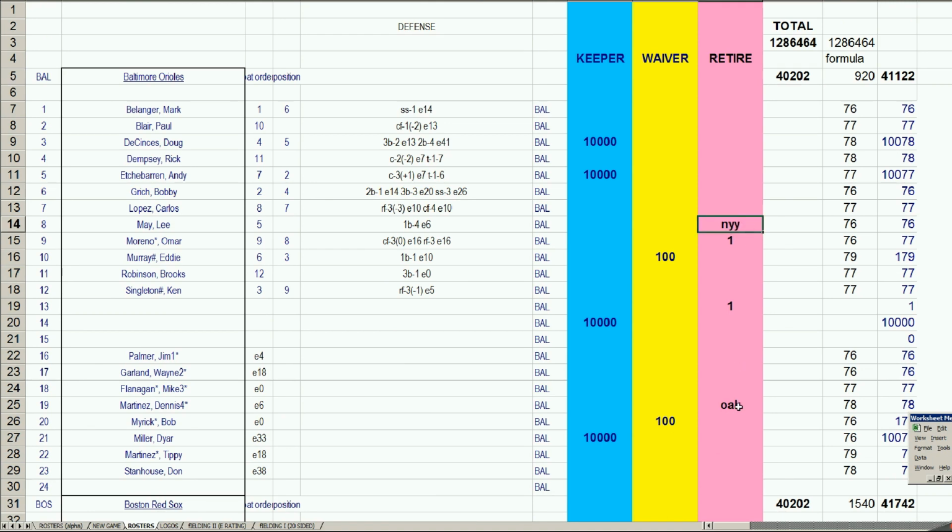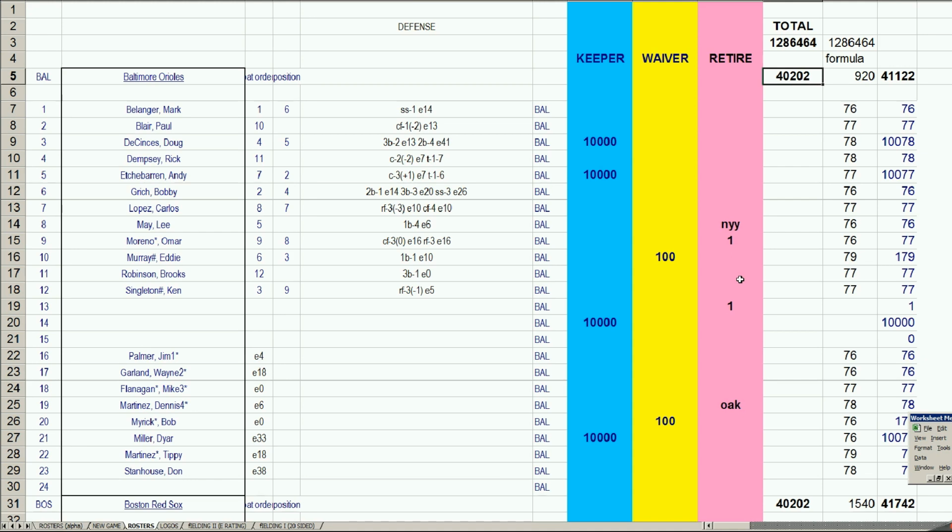The text you see are just notes, like comments, such as trade that guy to the Yankees, trade this guy to Oakland. But it adds up the numbers, and when you add them together, you come up with this number here, 40,202. That's the sum of 10,000 times 4, 100 times 2, and 1 times 2.